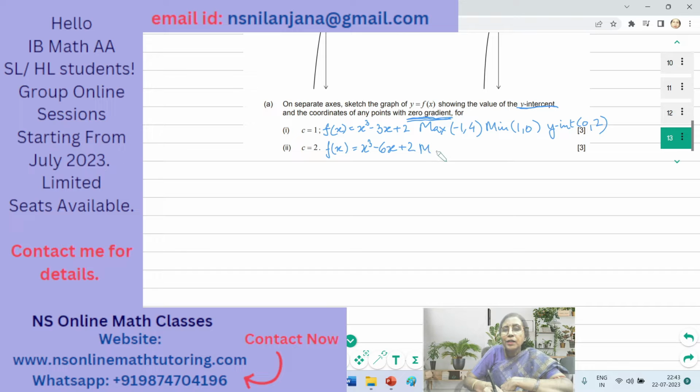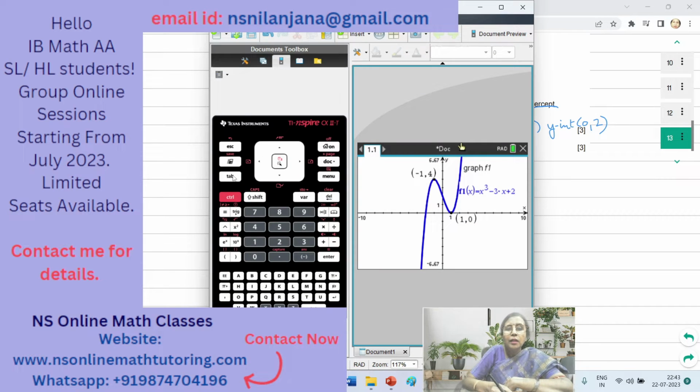For this, first of all, let us graph both in our calculator and then we will be sketching them. So x cubed minus 6x plus 2. Or should we be going to the next step?